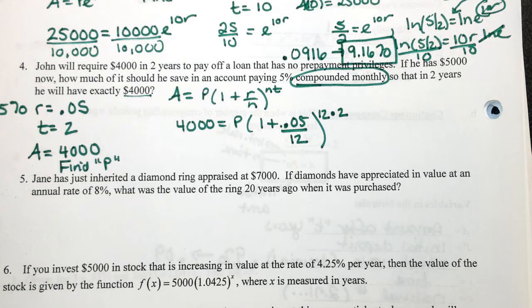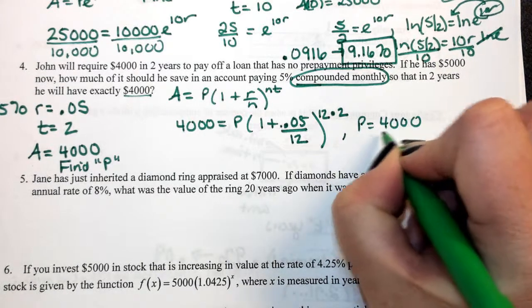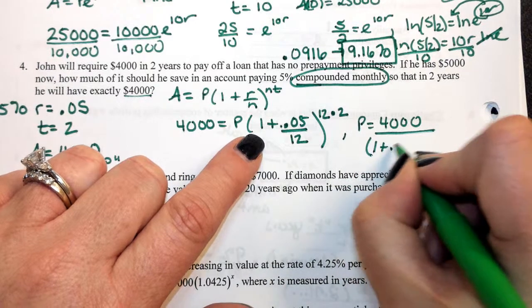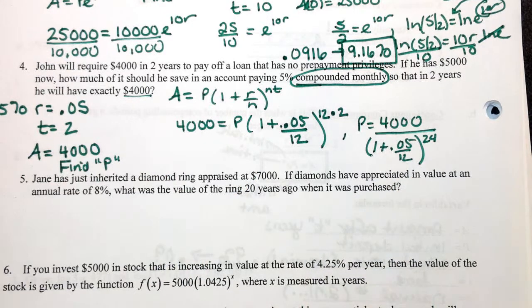So how can I get P by itself? What can I do to both sides of this equation? Just simply divide by this whole entire set of parentheses. So then P is going to be equal to 4,000 divided by the 1 plus 0.05 over 12, all raised to the 24 power, or you can leave it as 12 times 2.